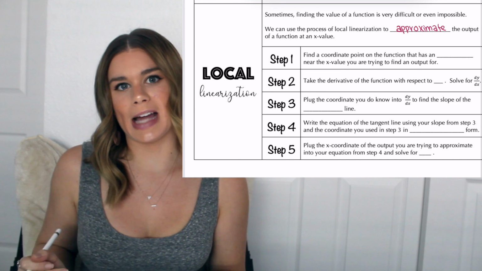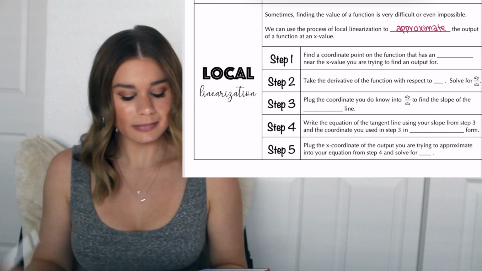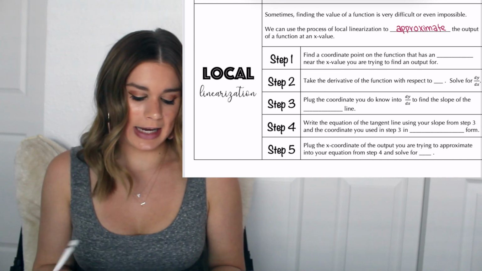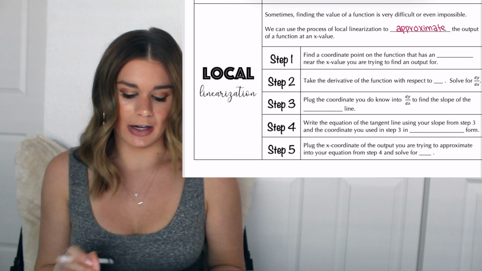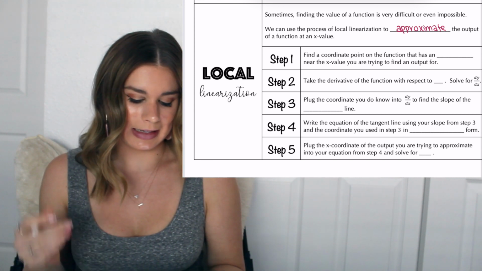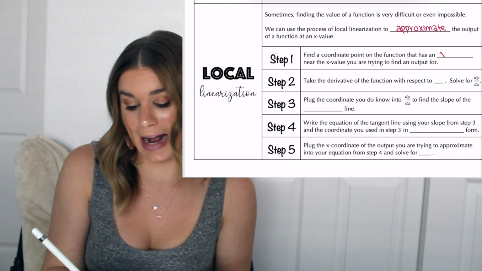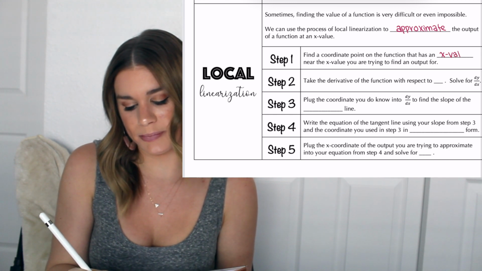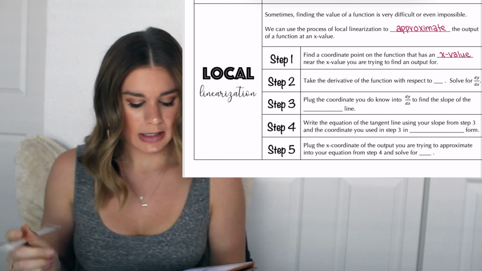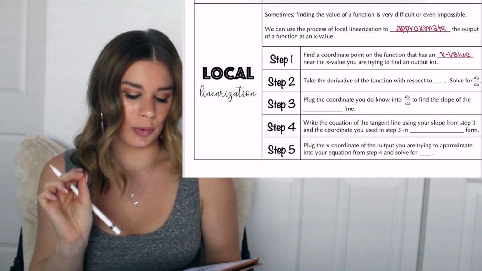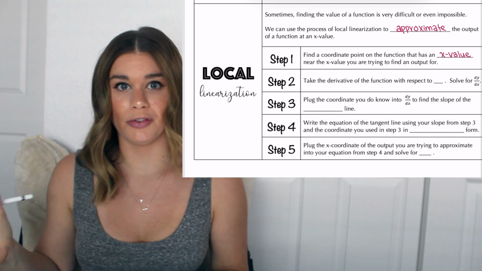the output of a function at some x value. So here are the steps for local linearization. Step 1, we want to find a coordinate point on the function that has an x value near the x value you are trying to find an output for.